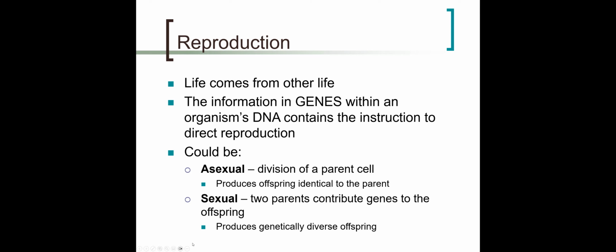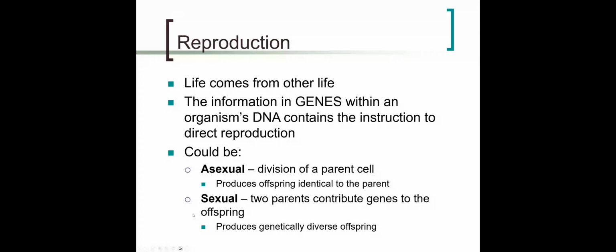All right, another characteristic of living things is reproduction, because living things come from other living things. And so reproduction is going to be driven by our genetic material or our DNA. It's something that is going to involve copying genetic material and dividing into new cells.